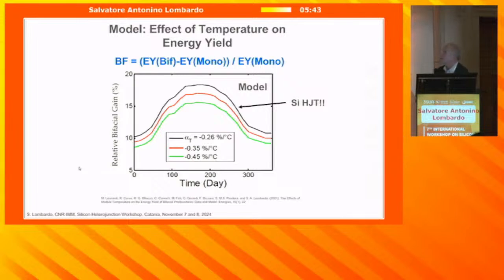And you can see that this is the calculation for over 1 year. Clearly, you see that the bifacial gain is the largest for the lowest temperature coefficient, according to this model.